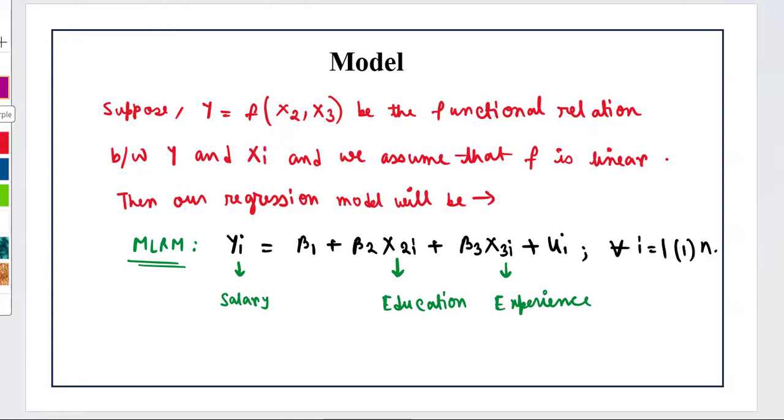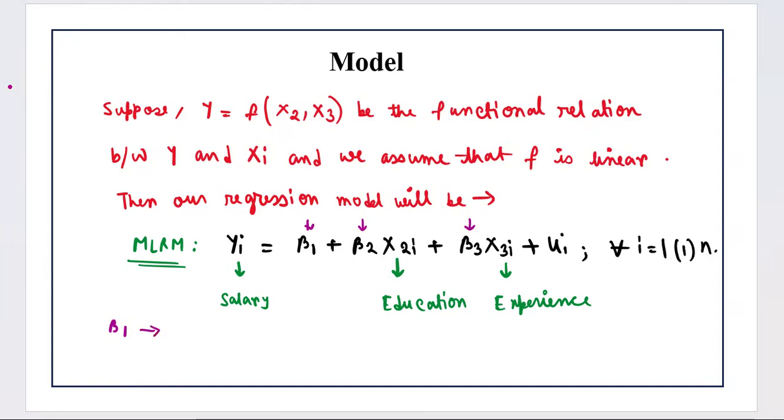Now, what are the parameters? Here you have three parameters: beta 1, beta 2, and beta 3. These are the parameters in your model, and ui is the stochastic error term.